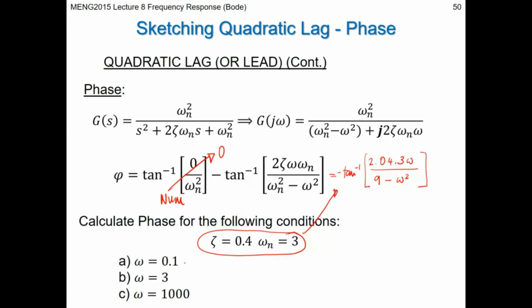Okay, so if we say omega equals 0.1, what's that going to give us? So just substitute in 0.1 here and 0.1 here. You can see 0.1 squared is going to be 0.01. So basically this goes to 0 when you have a small value of omega like 0.1. The 0.1 here is going to have an impact. So it's going to be 2 3s are 6, 6 4s are 24, 2.4 times 0.1 is 0.24 on the numerator. So that's going to be minus tan to the minus 1 of 0.24 over 9.